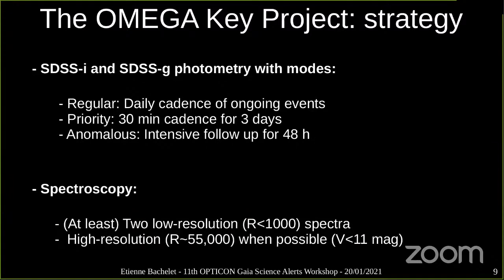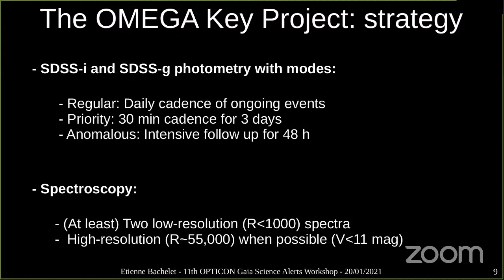separated in two. So first, we want to ensure a dense photometric follow-up in SDSS-i and SDSS-g with various modes. So each event has a regular daily observation for most events. And as soon as events get highly sensitive to planets, we increase the observation to a 30-minute cadence.